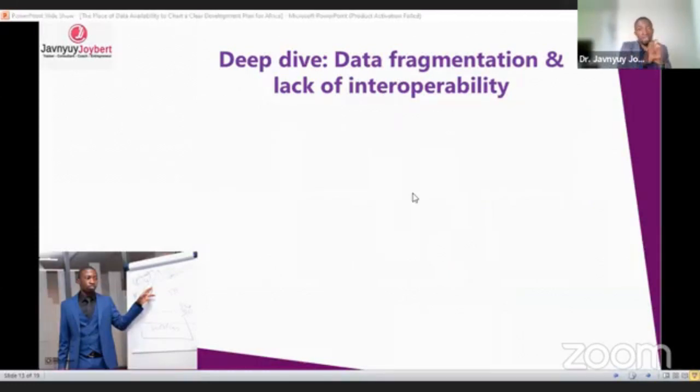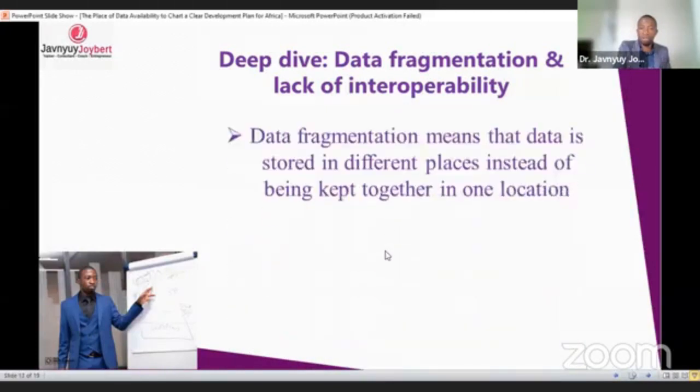Because data fragmentation and the lack of interoperability is a very big challenge for using data to make informed decisions as far as business is concerned, right? Data fragmentation means that data is stored in different places instead of being kept together in one location. Right? This is a very big problem in Africa.